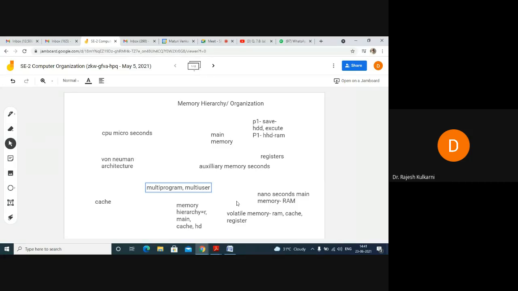This to and fro of the data is called as memory management. So this memory management is done by whom? This memory management is done by the operating system.